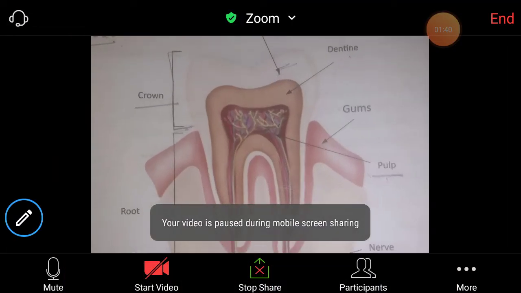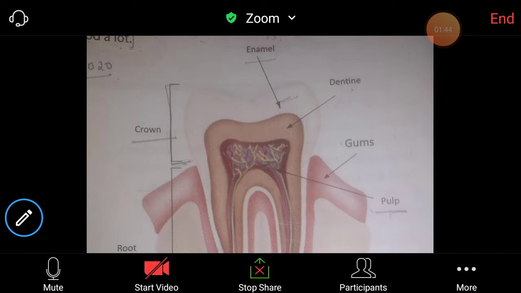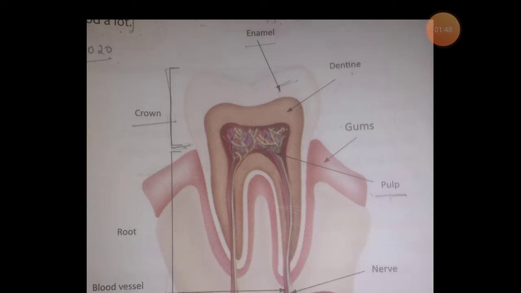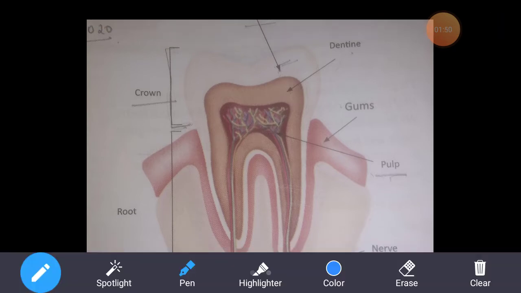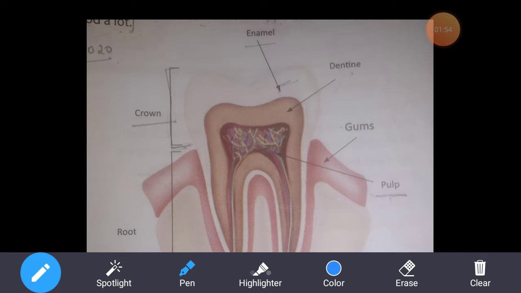Here it is. Now let's start. The white part on the outside of the tooth is called the enamel. Here is the enamel. This is the white part.